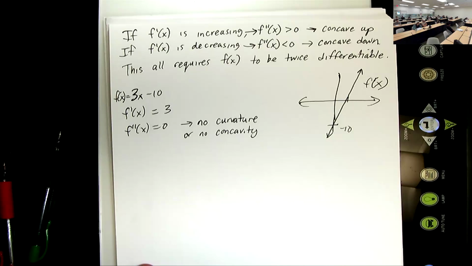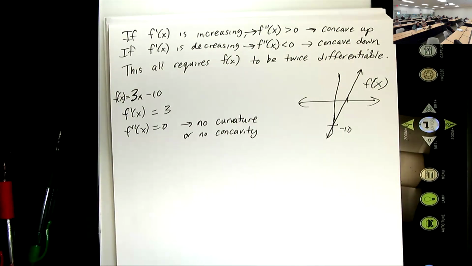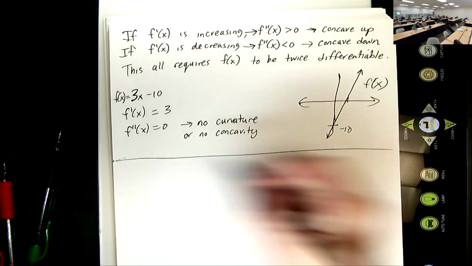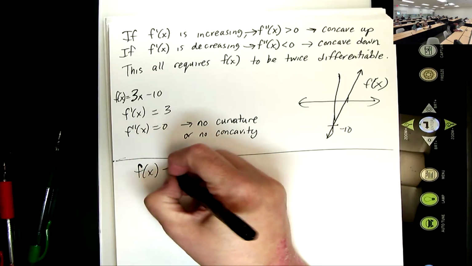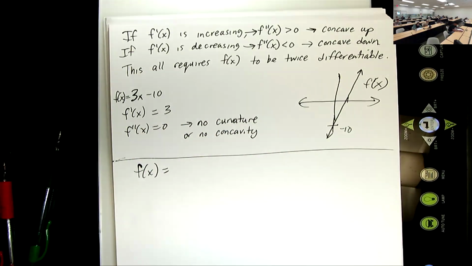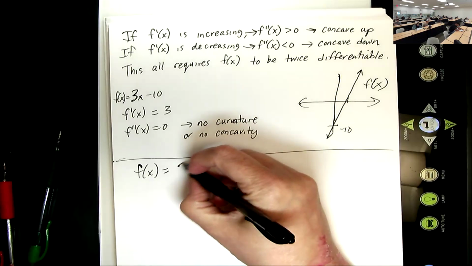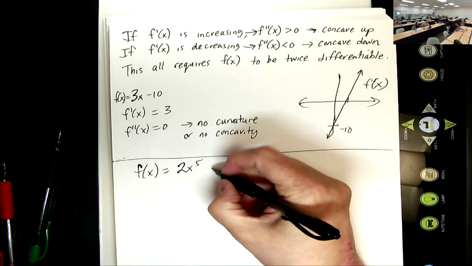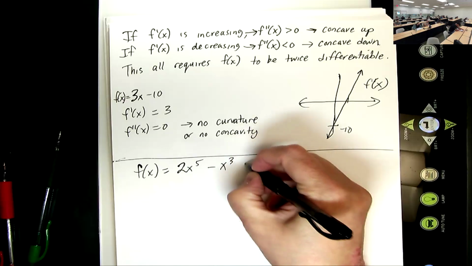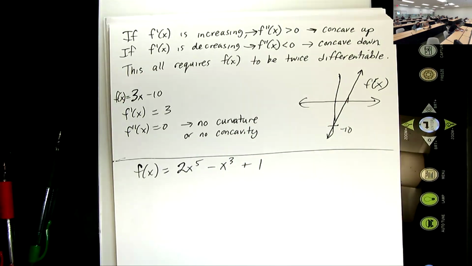So let's do an example, a bigger one. f of x equals, oh, I don't know, let's go with 2x to the 5th minus x cubed plus 1. No, let's go with plus x.